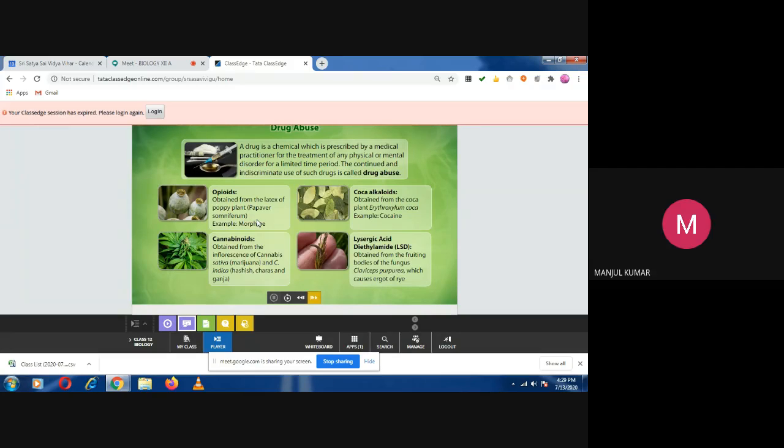Papaver somniferum. Next person. Keep saying it quickly. Papaver somniferum. Very quickly you should be able to say these things. What is it? Again, Papaver somniferum, the common name of which is poppy plant.